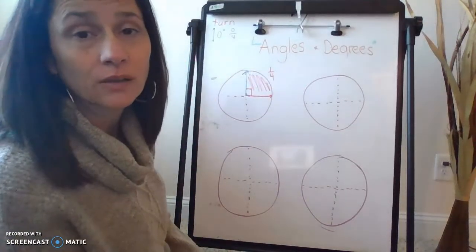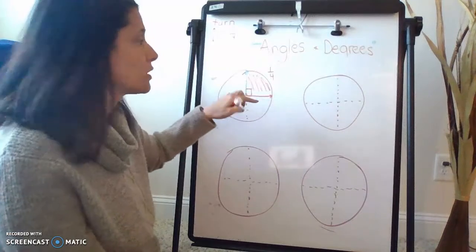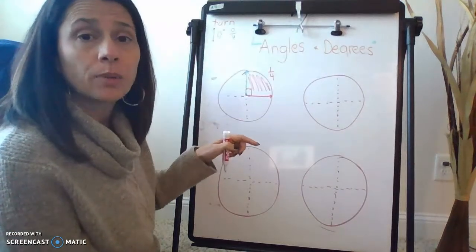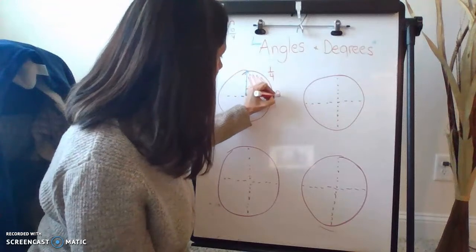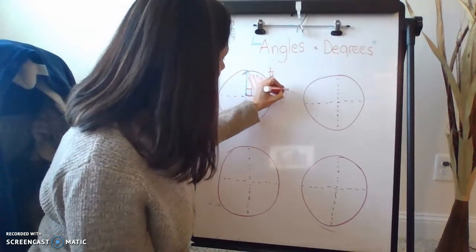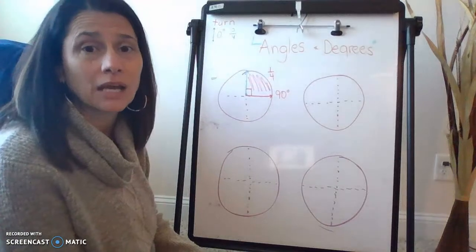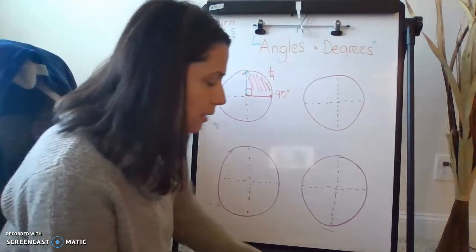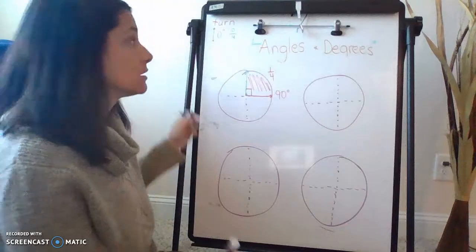So the new part, we've got the turn, 1/4. We know that this is a right angle. The new part right now is called the degrees. At the right angle, it's going to be 90 degrees. This is what it looks like up here, and I have a chart, so I'll put the chart up at the end.